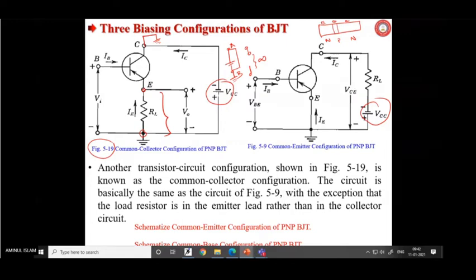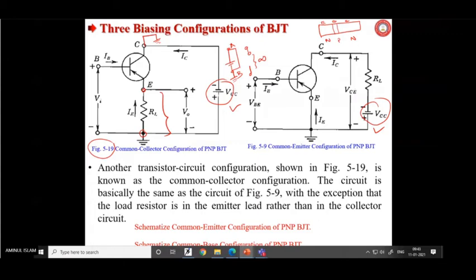So for biasing only you are applying this VCC here and there. Understood? Its purpose is to bias in such a way that base emitter is forward biased and base collector is reverse biased. That's your idea of connecting these DC sources.